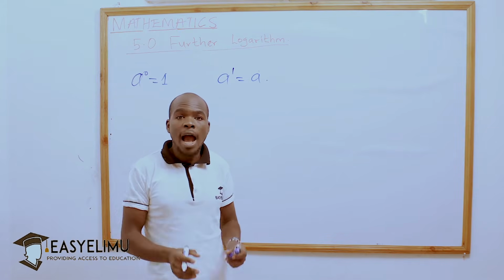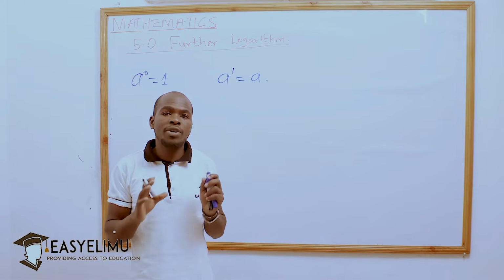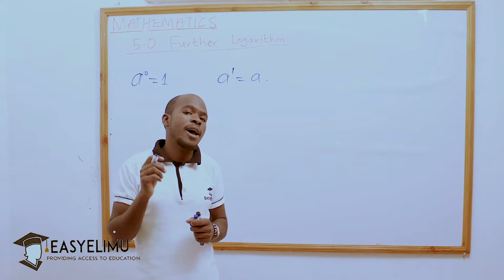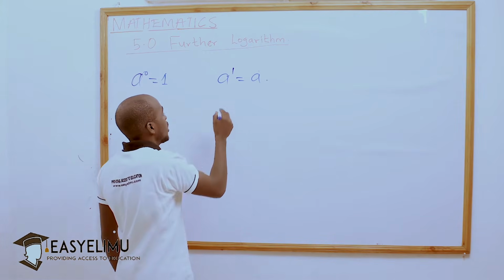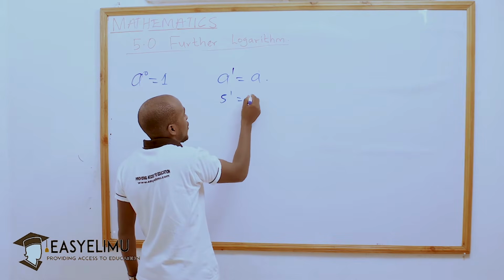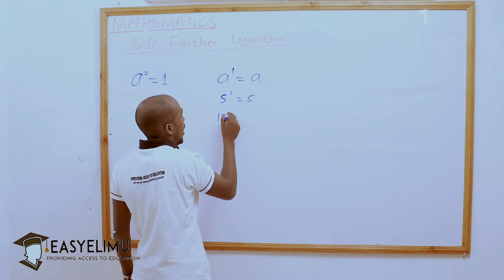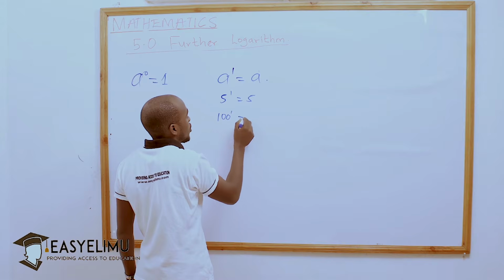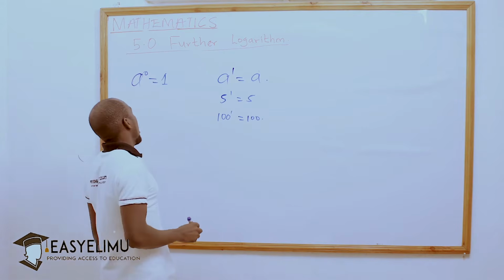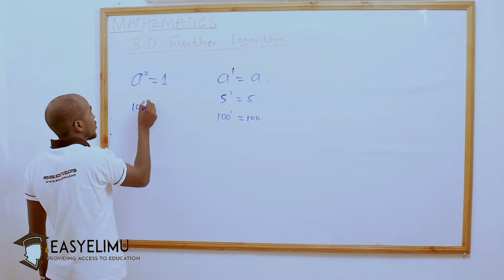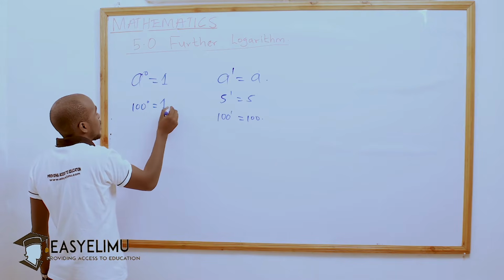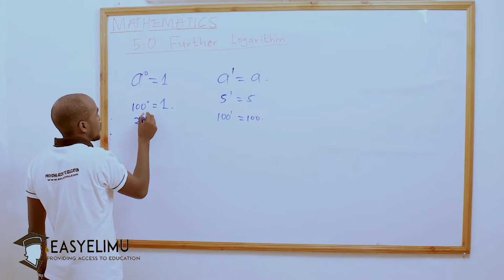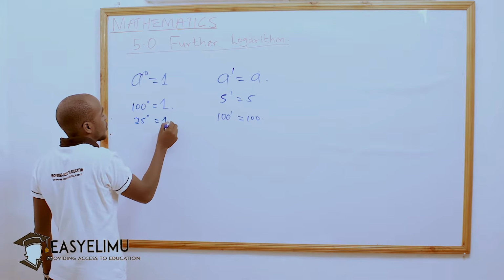Any kind of number you raise to 1, you will get that given number. Be it 5 raised to 1, you will find 5. If it is 100 raised to 1, you will find 100. And if it is 100 raised to 0, you will find 1. Even if it is 25 raised to 0, you will still find 1.